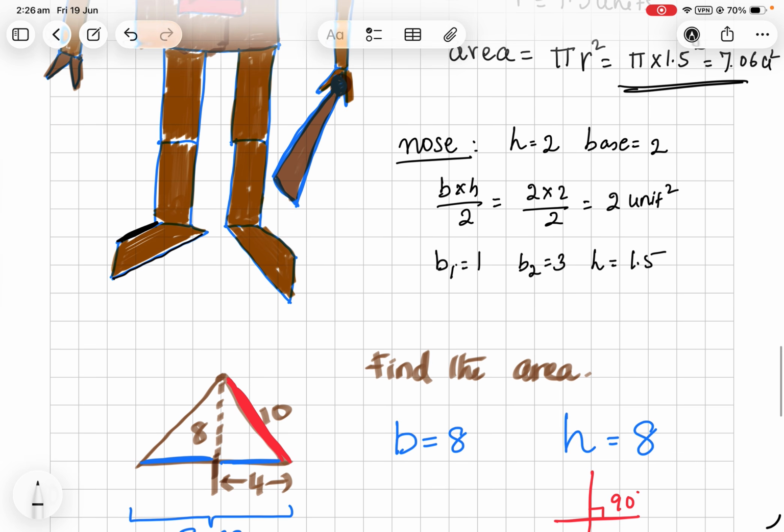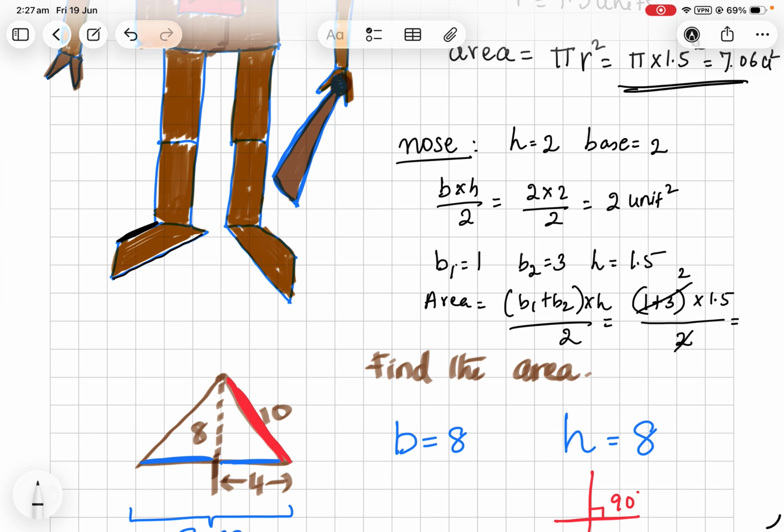You can use these dimensions and find the area. As I mentioned, it's base 1 plus base 2 times height divided by 2. So you have 1 plus 3, which is 4, times 1.5 divided by 2. This whole thing will become 3 units square.